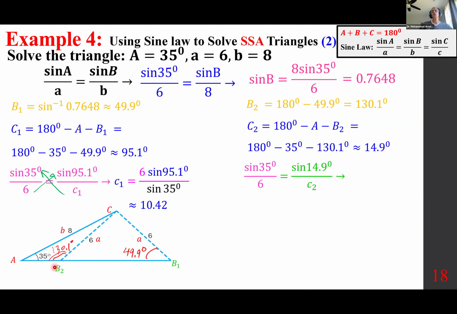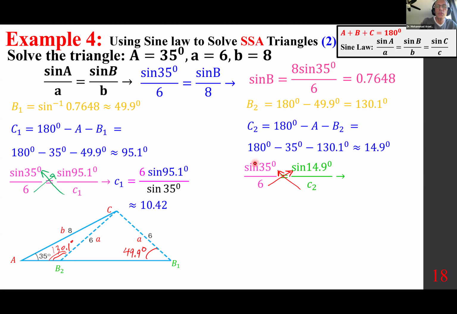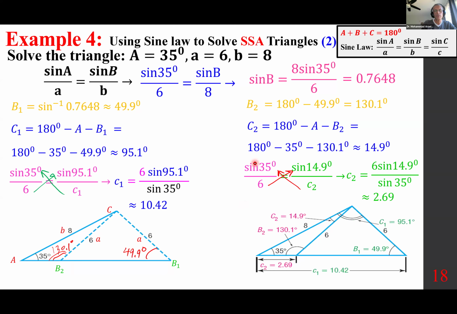So C sub 2 is the product of these two: 6 times sine of 14.9 divided by sine of 35. It gives you 2.69. Let's put in all those values. So this is 2.69, this is 10.42, this is 130.1, this is 14.9, this is 49.9.